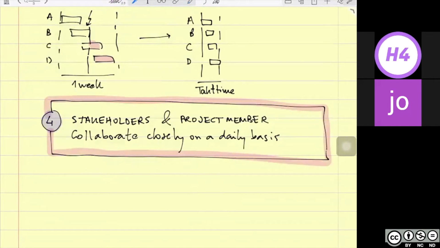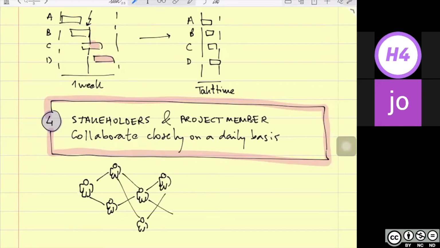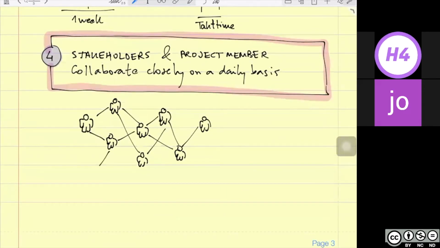So you basically create networks of people, stakeholders, business partners, suppliers, project members, all sorts of people aiming to create a very tight cluster and network on a daily basis.